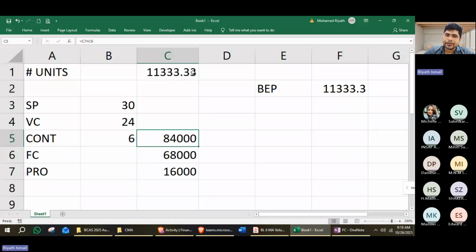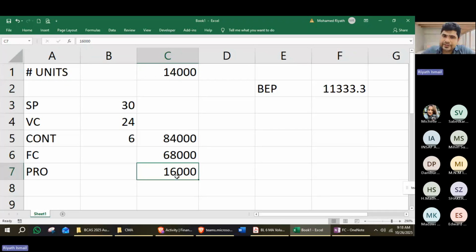This is the contribution, and contribution per unit is 6. So therefore they have to produce 14,000 units to achieve the target 16 million profit. Is it clear?